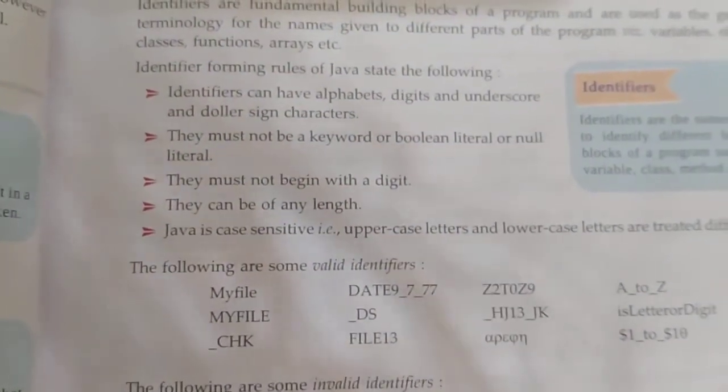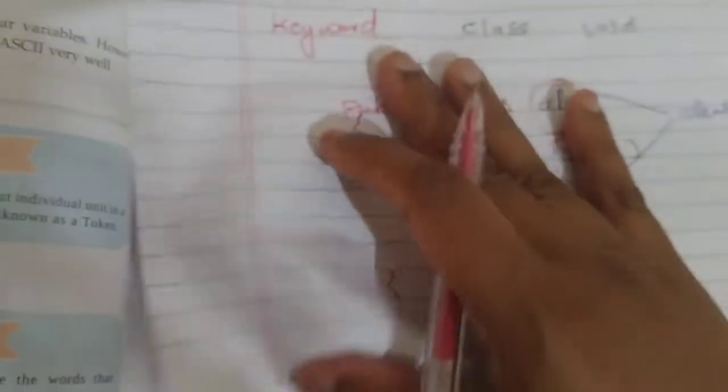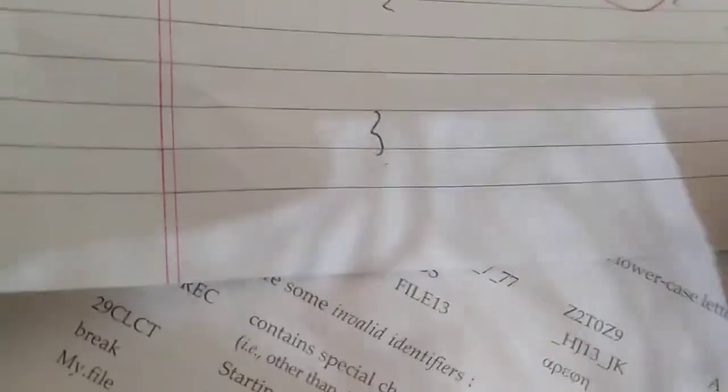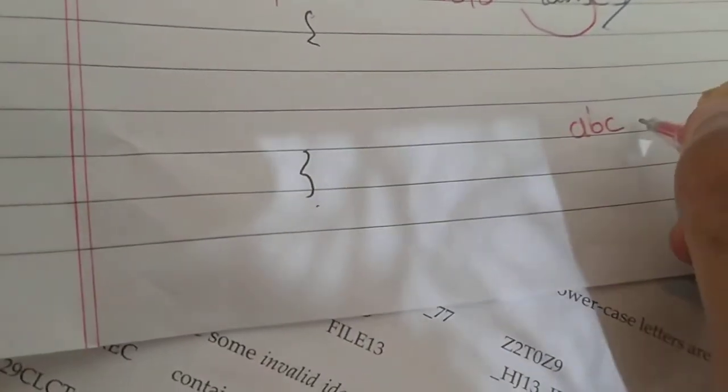You can write 2 or 3 words, but while writing 2 or 3 words, the main important thing is you should not leave space, because space is not considered in an identifier. So while writing A, B, C, X, Y, Z, you should write together without giving space.